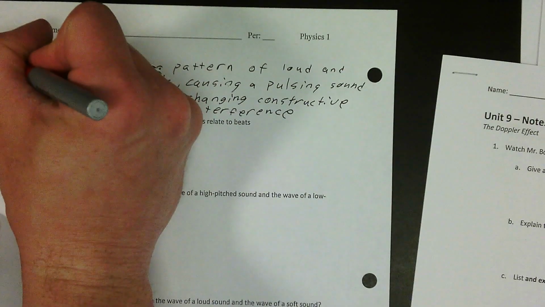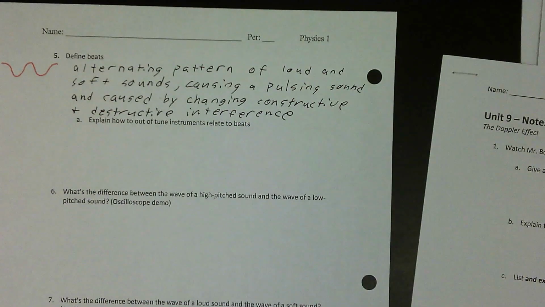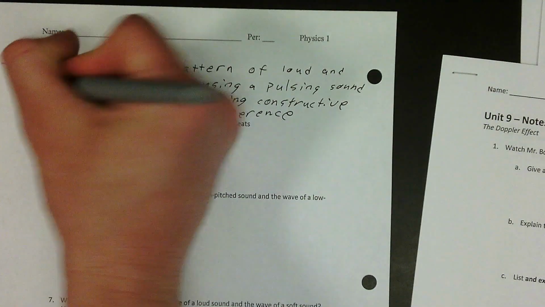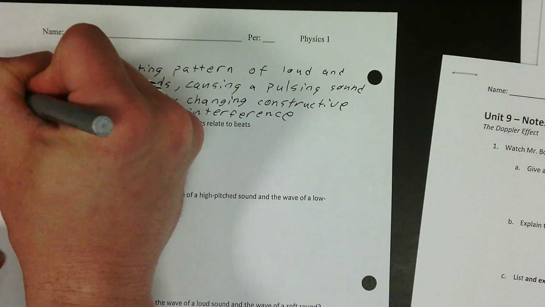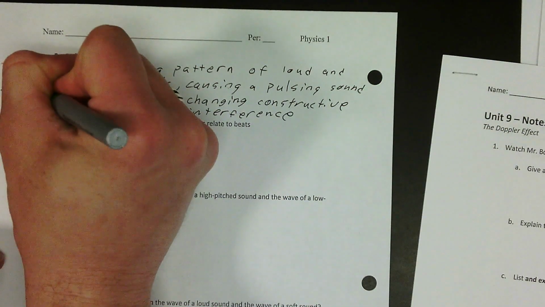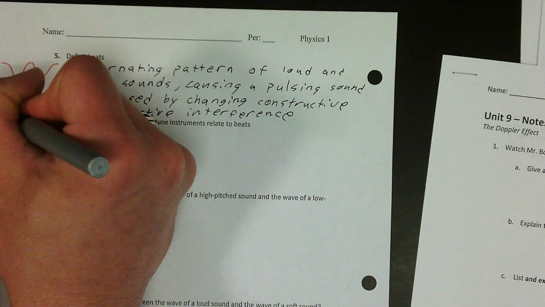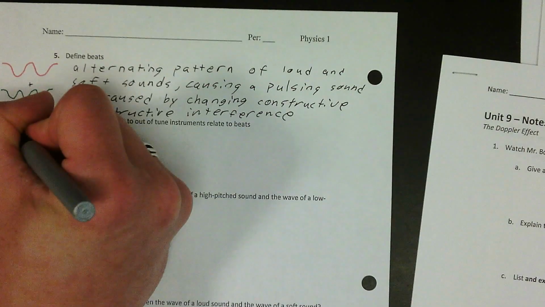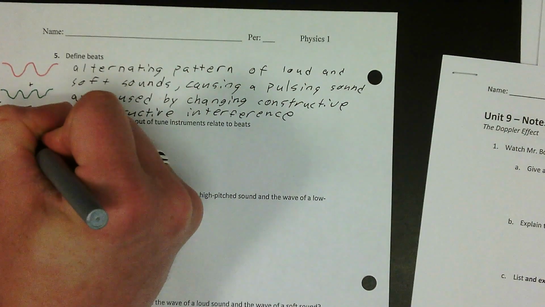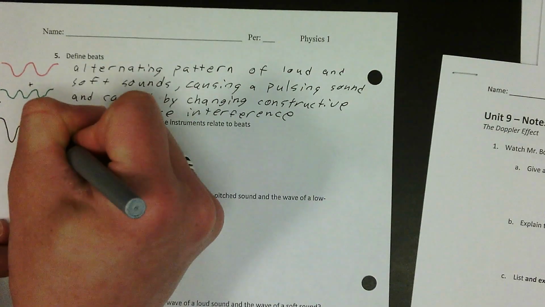So if your wave looks something like this, and you're adding it to another wave that maybe looks like this, what you'll end up with is a wave that's really large at points and then kind of gets smaller and then gets large again.